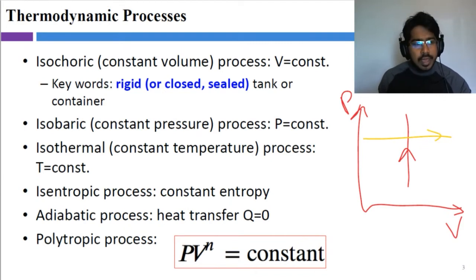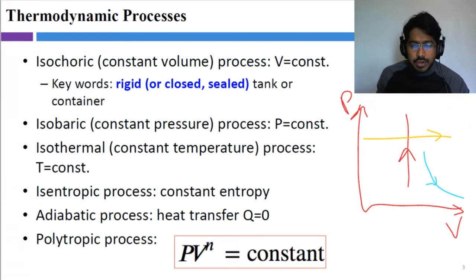And isothermal lines, constant temperature, where the temperature does not change, would have a curved shape like this. This is not the perfect way to draw it. Let me get a different color. Like this shape, right? So this would be an isothermal process.